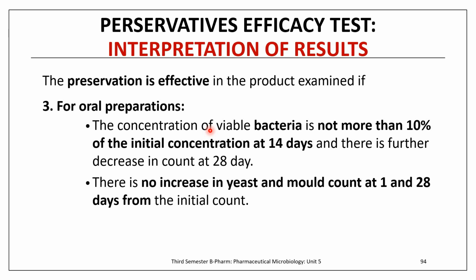So it is not mandatory for this kind of product to be sterile, because we have some protection from our internal organs. So again we have some relaxation in case of this kind of product. After 14 days there should be not more than 10% of the initial concentration, it should decrease after 28 days, and there should not be any increase in yeast or mold count at 14 and 28 days from the initial count.